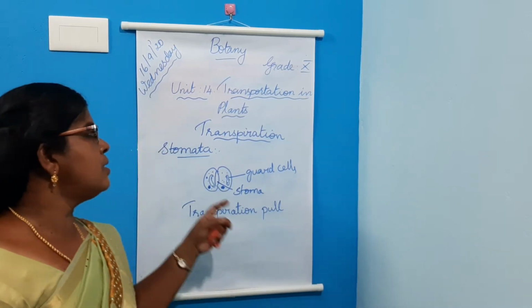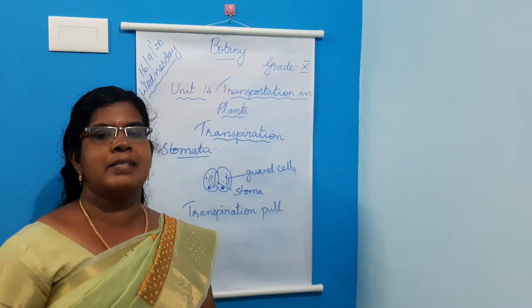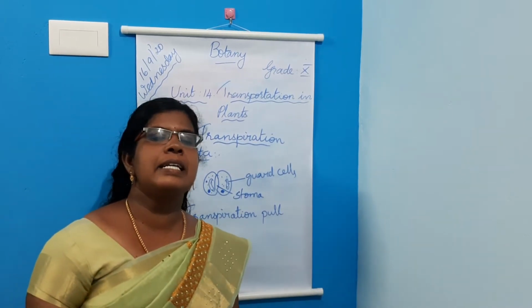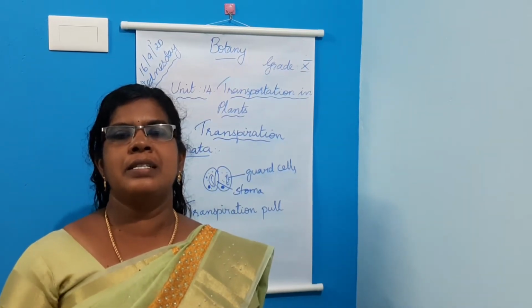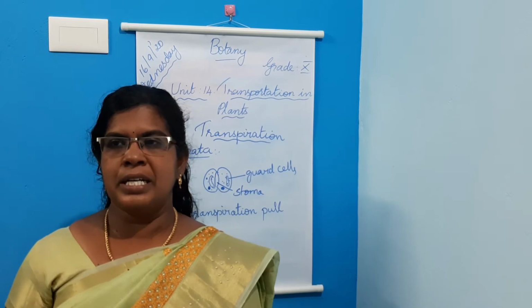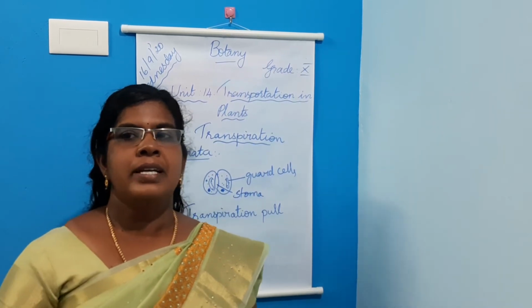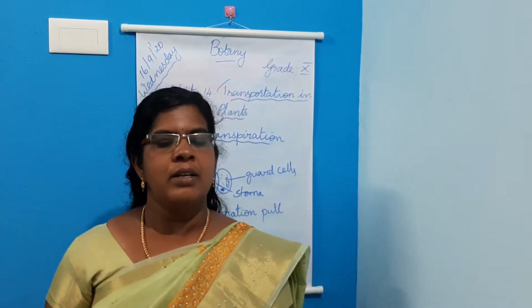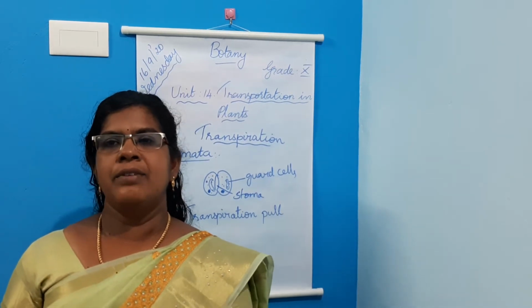Next, the transpiration process is affected by factors such as internal and external. The external factors that affect the rate of transpiration are light, temperature, humidity and wind speed.